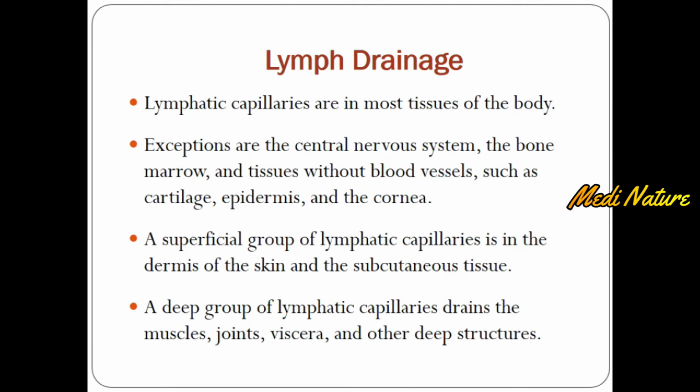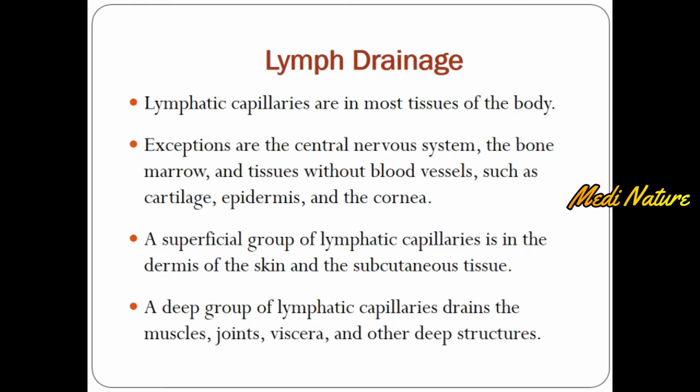Now let's see about the lymph drainage, that is, the taking of fluid through the lymph vessels. The lymphatic capillaries can be seen in most tissues of our body, except the central nervous system, the bone marrow, and also the tissues without blood vessels such as cartilages, epidermis, and the cornea.